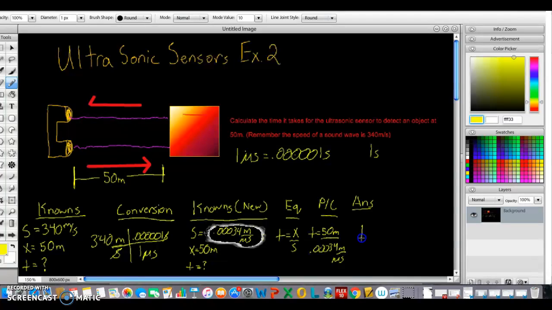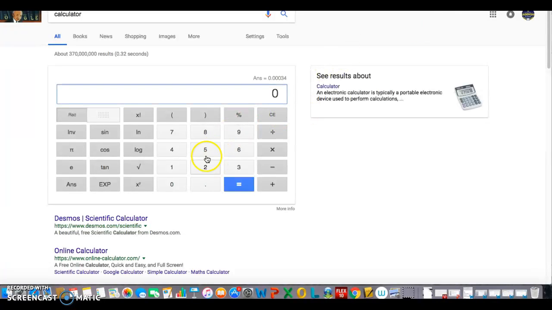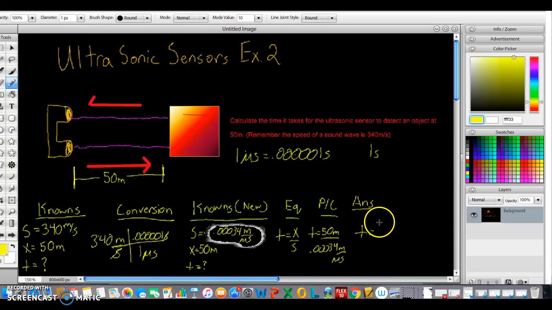So the answer is going to be t equals 50 divided by 0.00034. So that is going to be 147,058 microseconds.